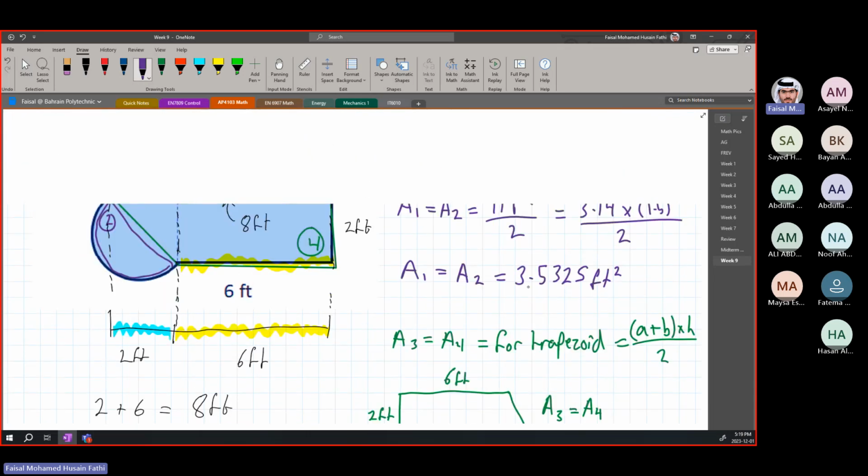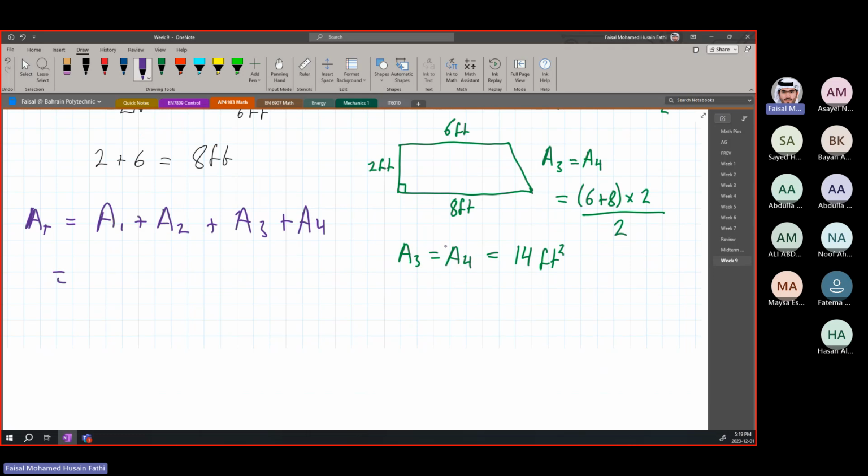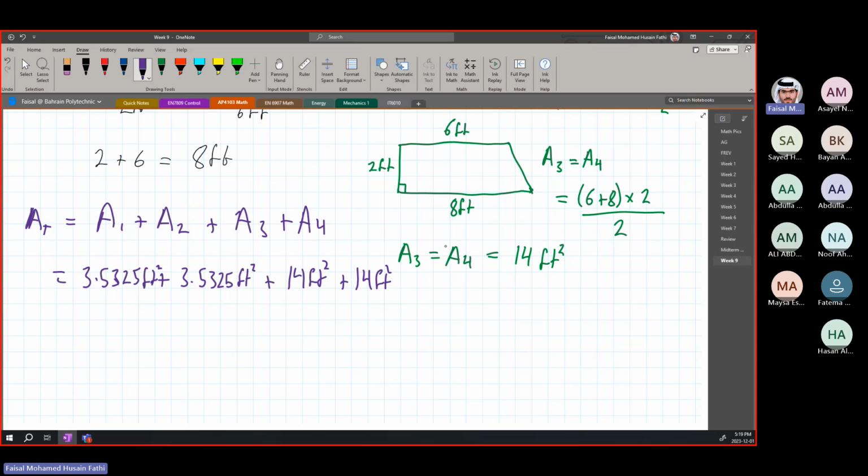A1 was 3.5325. So 3.5325 plus A2 is also 3.5325 feet squared. Plus A3, what is A3? 14 feet squared. Plus A4, what is A4? Again, 14 feet squared.